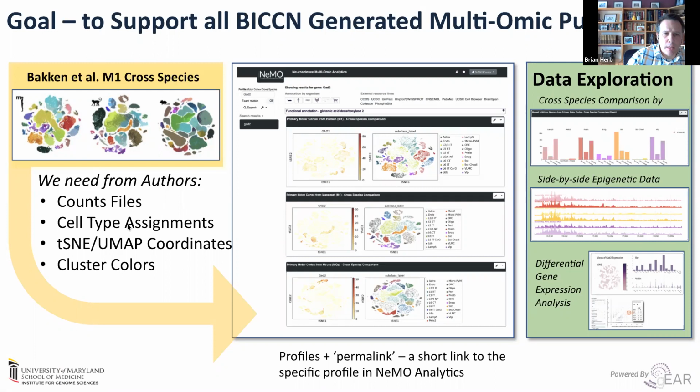But any and all cell metadata that can be made available into the plots, either tSNE or UMAP coordinates if you want to have that displayed right away, a faithful recapitulation of what's in the paper. And then if you wanted to match the colors that are in the paper, then that could be added in as well. And then what we can actually do is have a link in the paper going directly to this, and then users can explore your data.